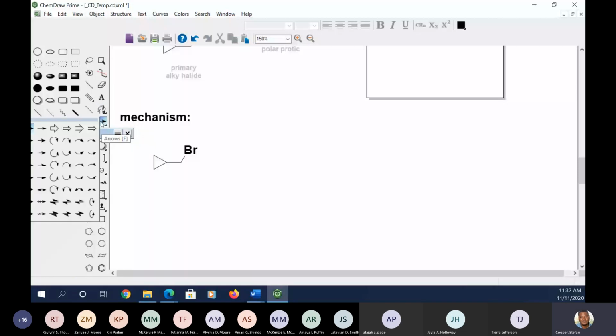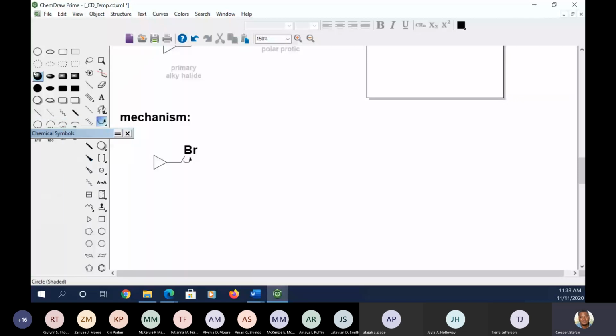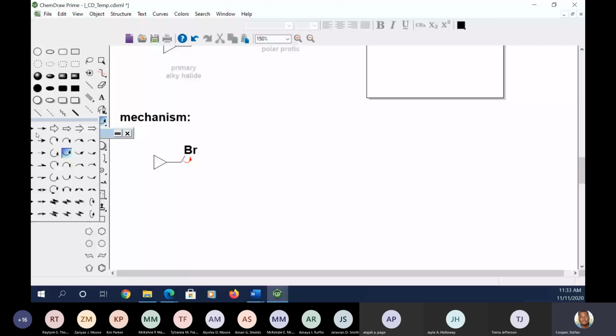Right? And it's going to form what intermediate when the leaving group leaves? Carbon cation. That's right. It's going to form a carbon cation. So my leaving group is going to leave.